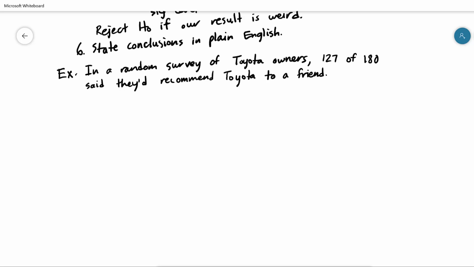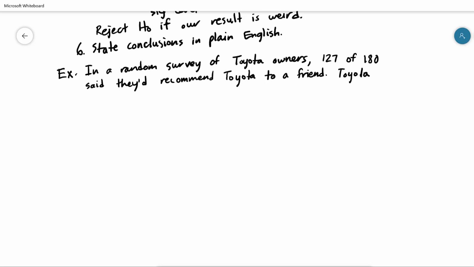Toyota wants to use this information to make a claim. They want to claim in some sort of ad maybe that more than 65% of owners would recommend Toyota to a friend.